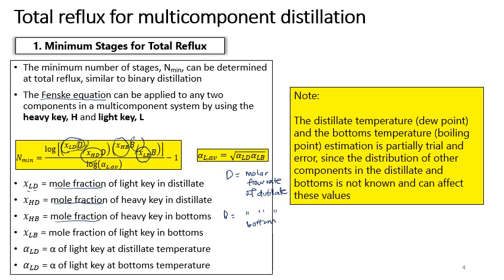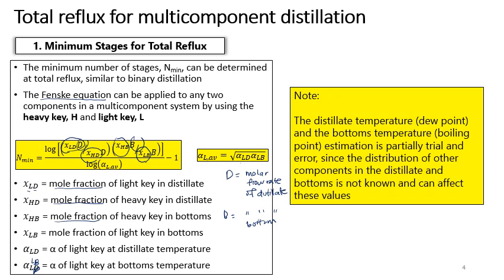Whereas the alpha, so alpha LD, here it should be LD, sorry. So alpha average is the geometric mean of the alpha of the light key in the distillate and the alpha of the light key in the bottom product.